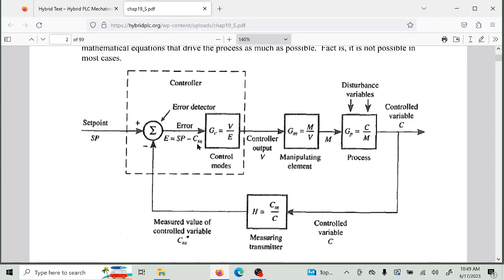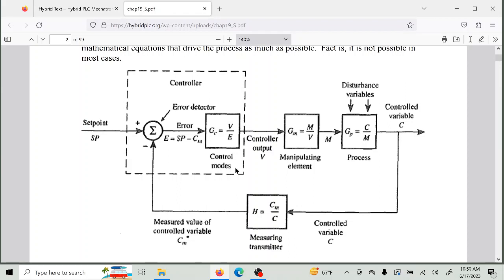The measured variable is also called the PV, or the process variable. So sometimes you see this variable called CM, sometimes PV. So it's SP minus CM or SP minus PV, or it could be CM minus SP, because sometimes you have a minus sign in the system, and it could be flipped. But basically it's the difference between the two.